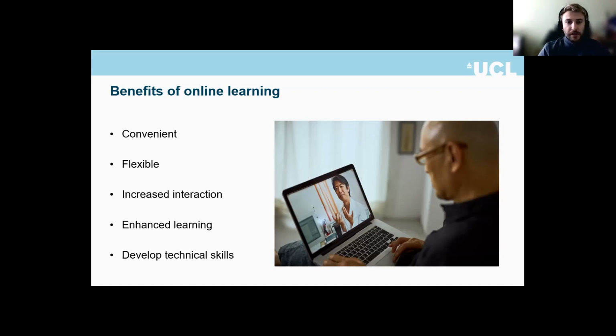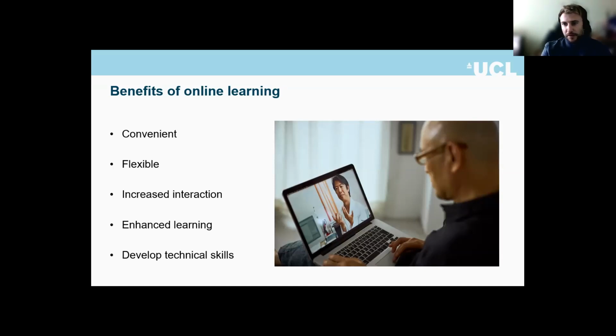It's more flexible around their job or childcare or any other caring responsibilities they have. There's increased interaction, and this can appear a little counterintuitive to start with, but we actually have more interaction online, and we try to encourage this as much as possible. I think it's because everyone's on the same level: everyone is remote, everyone is online.